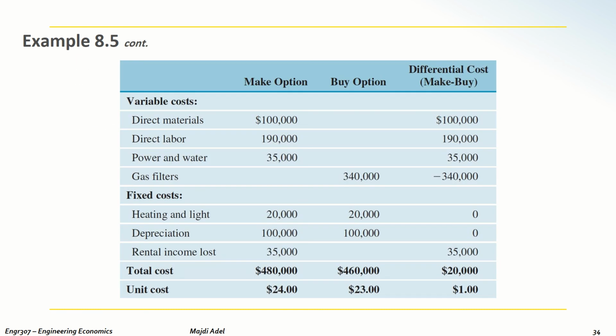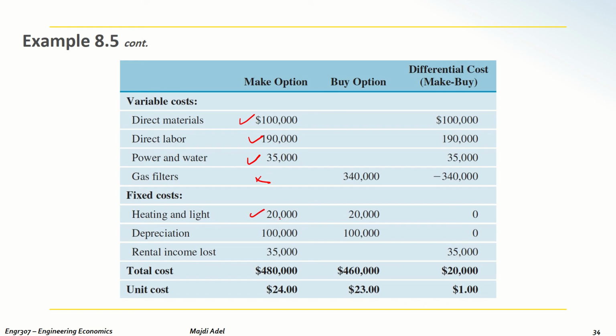So we are going to make a differential cost analysis. Okay, remember that we are interested only in the difference in cost and revenue. For the make option, this is the cost of direct material, cost of direct labor, cost of power. There is no cost of gas filters because they are producing them, they are not buying them.